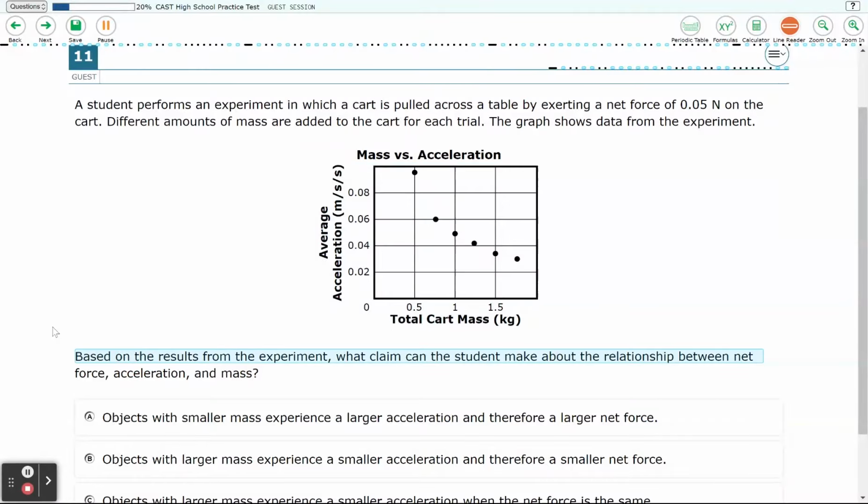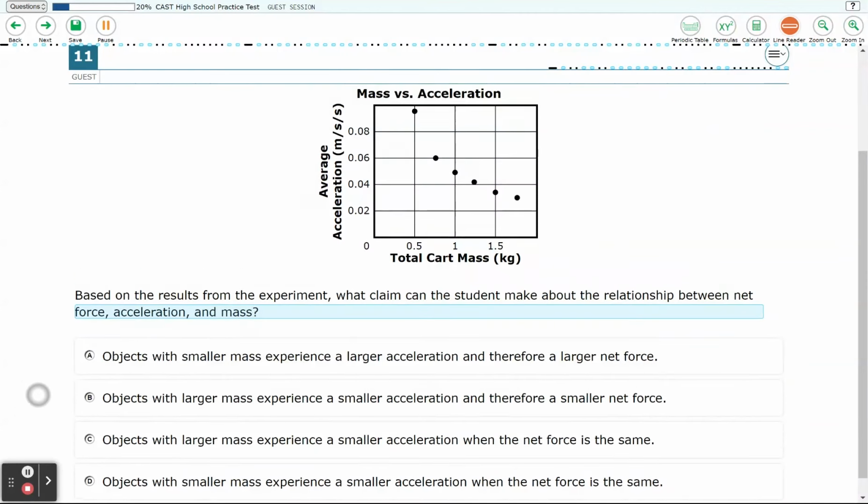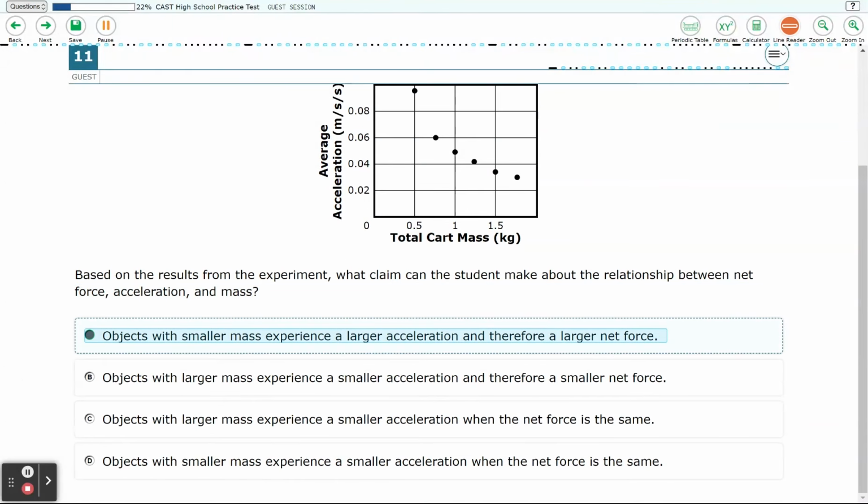Based on the results from the experiment, what claim can the students make about the relationship between net force, acceleration, and mass? A. Objects with a smaller mass experience a larger acceleration and therefore a larger net force.